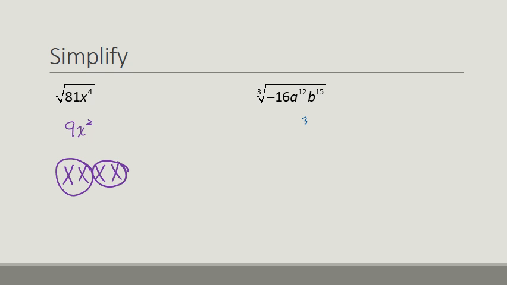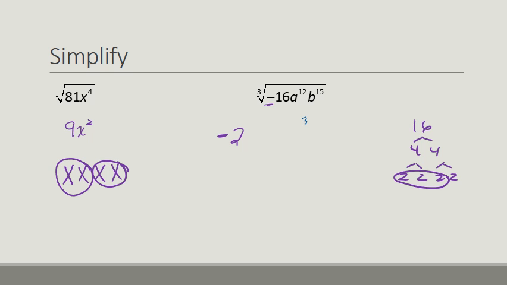Right, so now we want the cube root of -16. So 16 breaks down to 4 and 4, 2 and 2, 2 and 2. So I've got one group of 2 that's going to come out, and because of the negative and this being odd, it's going to be -2. I'm going to divide my exponents on the variable.